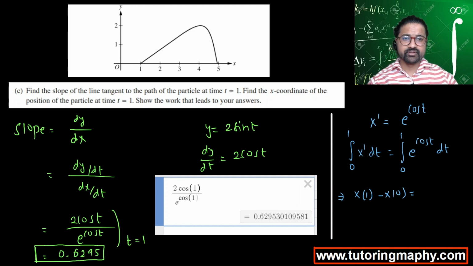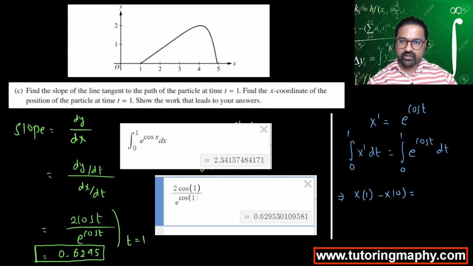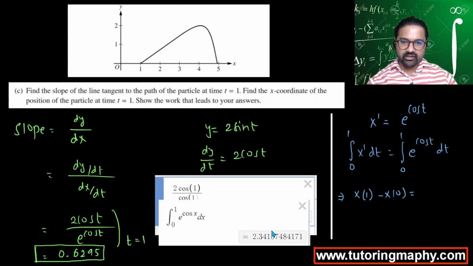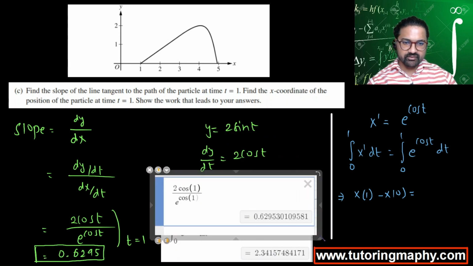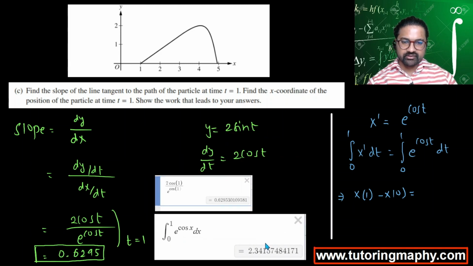And this integral, of course, I'm going to solve using a calculator. So e raised to cos x dx, integral within the limits of 0 to 1. This is what I am getting over here, 2.34, from 0 to 1.